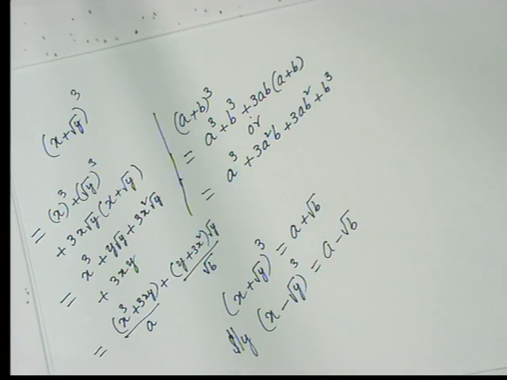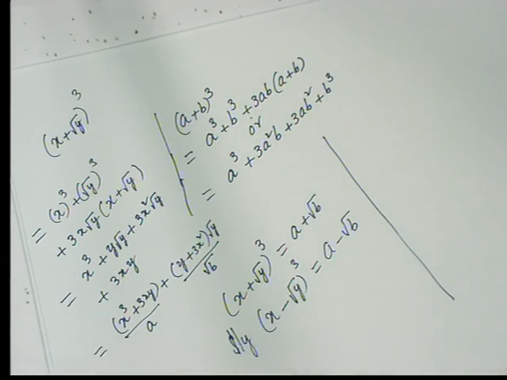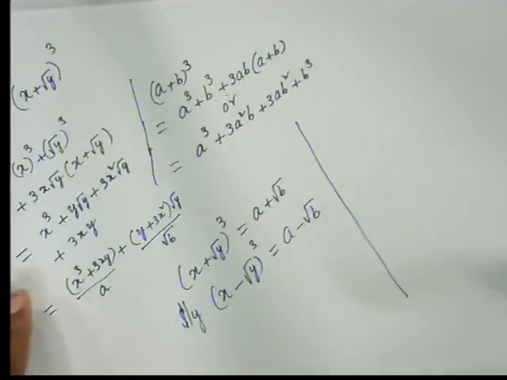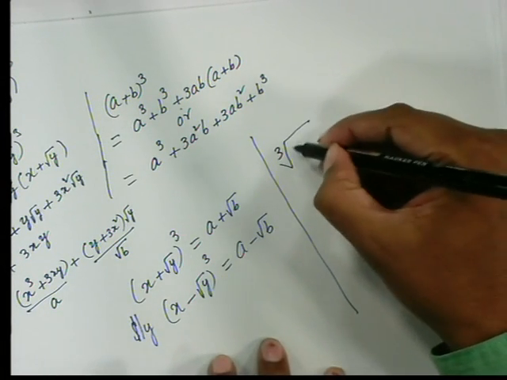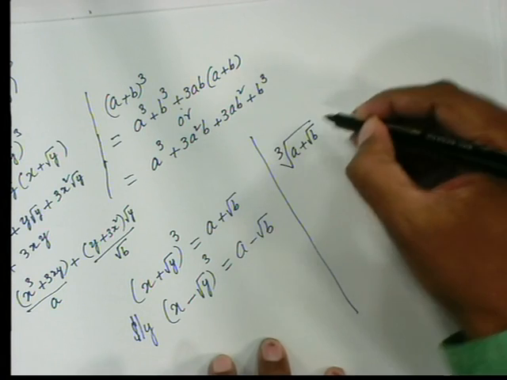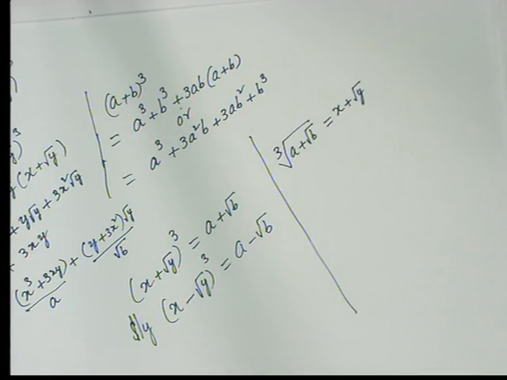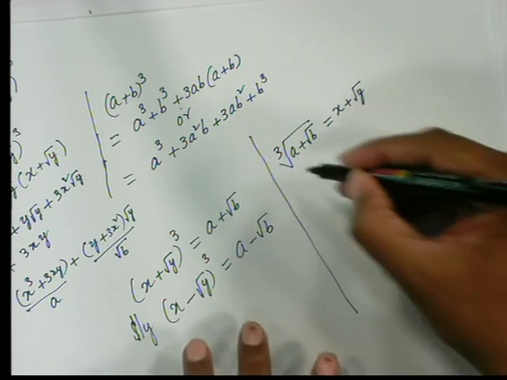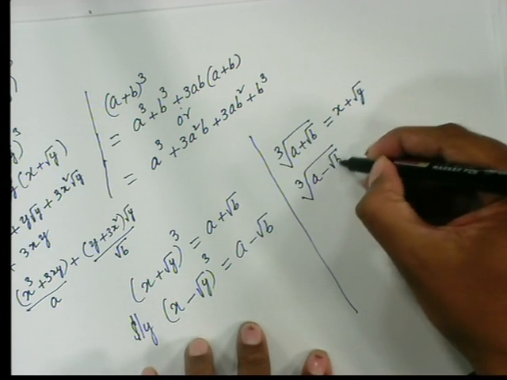Now let us have one question in our mind. What is the converse of these statements? Could you write it? Okay, let us try. The converse of the statements: cube root of (a plus root b) is x plus root y. Now cube root of (a minus root b), the question mark.